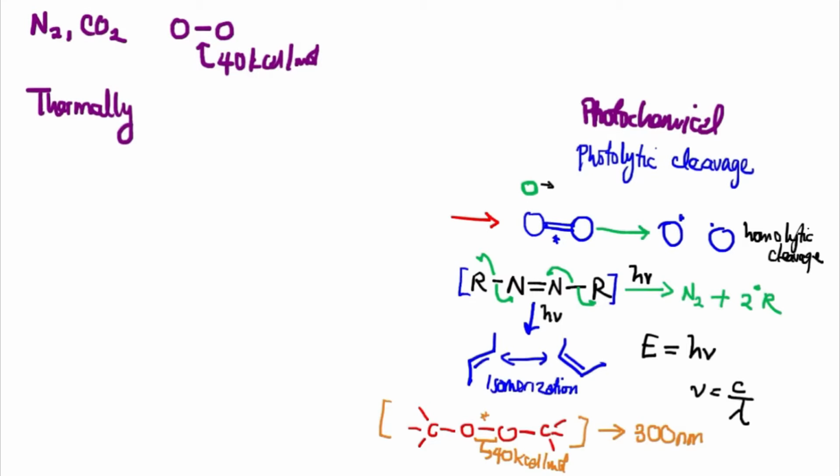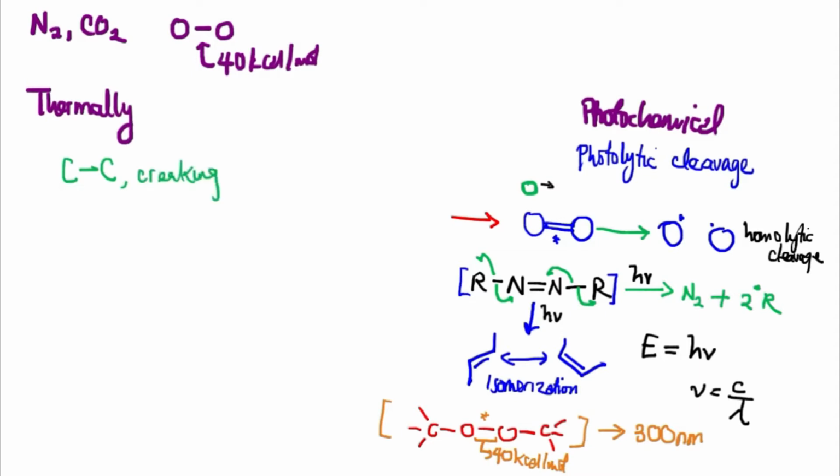On the other side, going from the photochemical to the thermal process, the thermal process involves thermal radical generation where we target the cleavage of a very strong bond, in this case a carbon-carbon bond, during cracking.